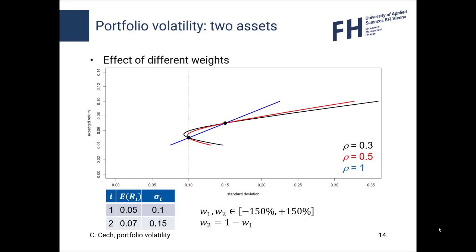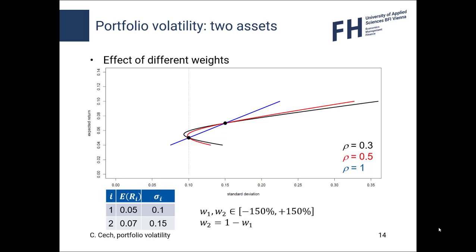So in one extreme case, you could have a portfolio weight of minus 50% in asset 1, which would be a short position in asset 1, and a weight of 150% in asset 2, a long position. Obviously, the sum is 100%.